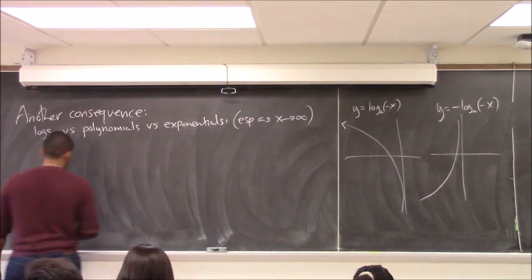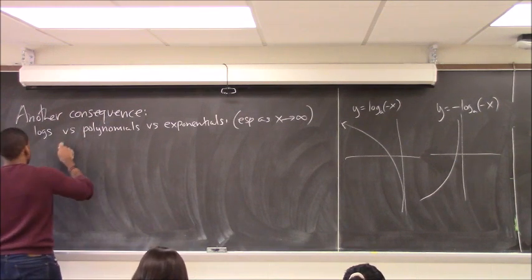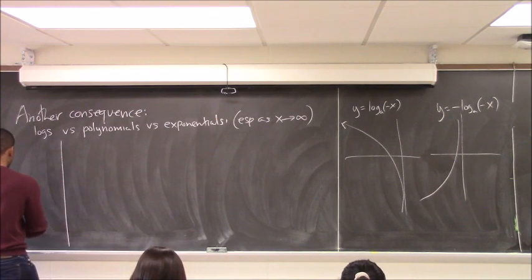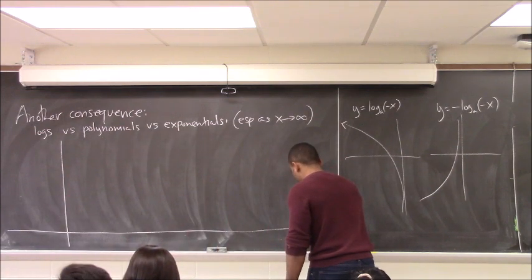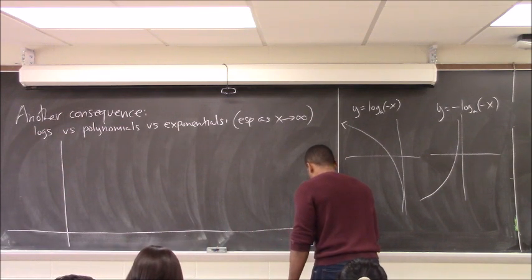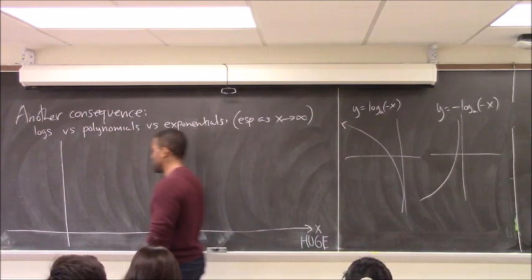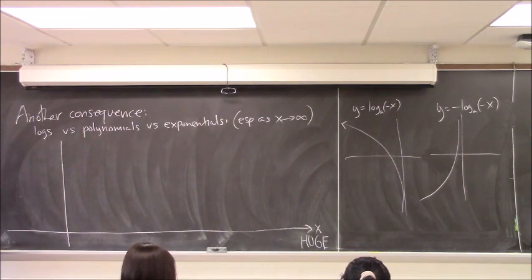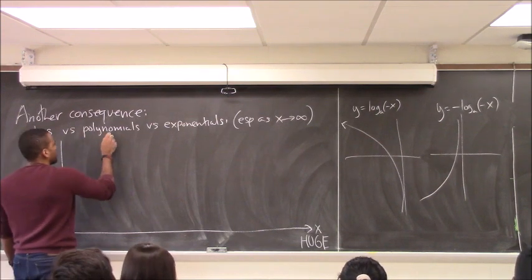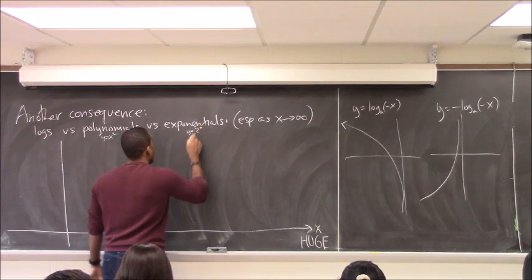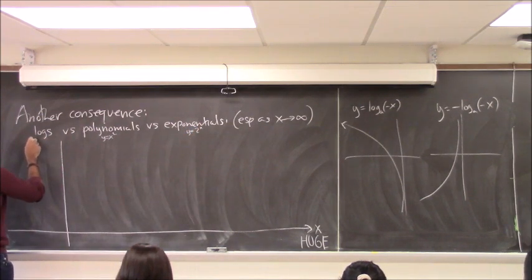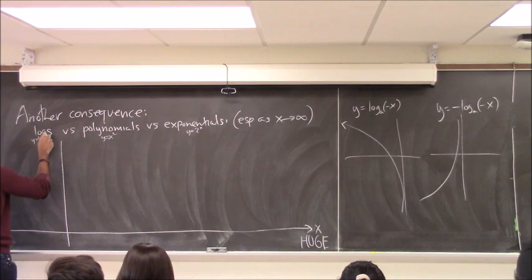How do these functions relate to each other? So remember, x here is a huge, big number. A gazillion, bajillion, trillion, bajillion. Okay, so here, if you compare something like y equals x squared, versus y equals 2 to the x, versus y equals log to the base 2 of x.